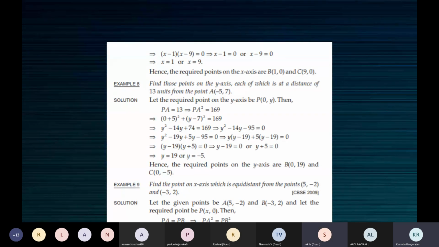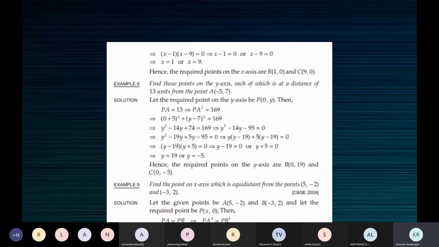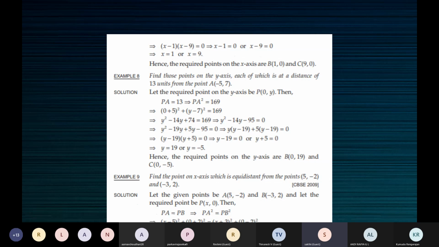Ma'am, is x equal to minus 1? No, somebody said 1, not minus 1. Yes, ma'am, I got 1. Very good.